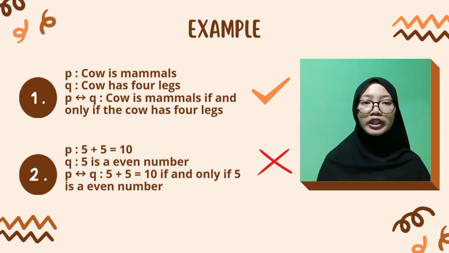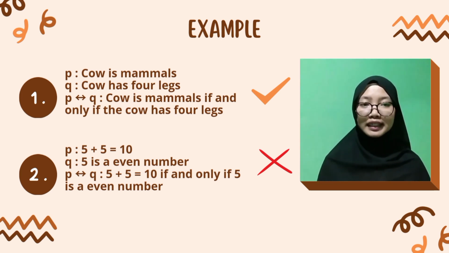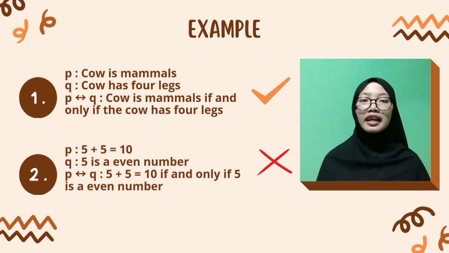So the biimplication of P and Q is: cow is a mammal if and only if cow has 4 legs. This biimplication is true. Why? Because P and Q have the same truth value, which is that P and Q are both true. So the biimplication is true.